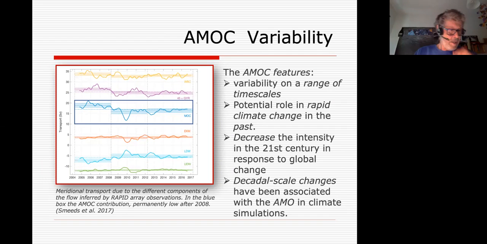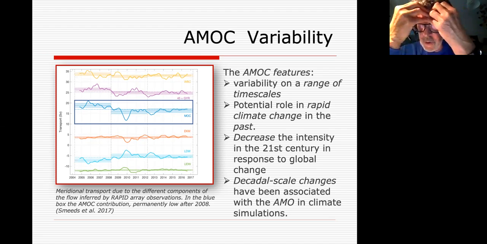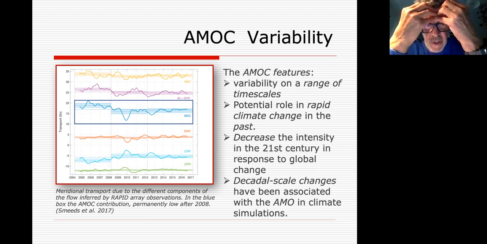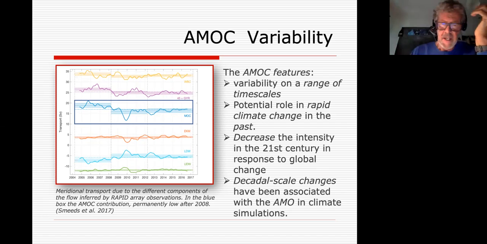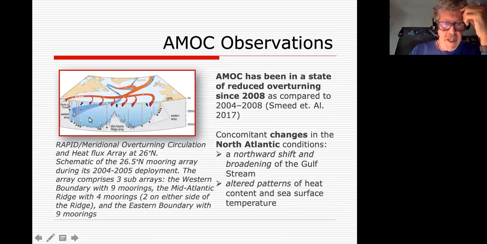Here we are. This is the calculation of the meridional transport. So the AMOC calculation split in different components of the flow inferred by the RAPID array observation. I want to go back again. You see, this latitude is 26.